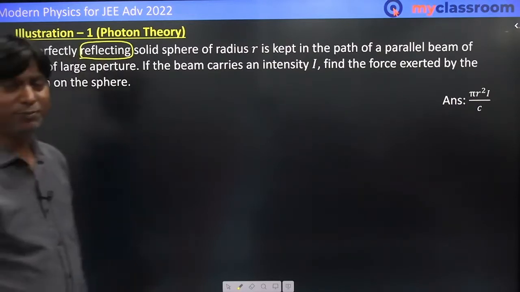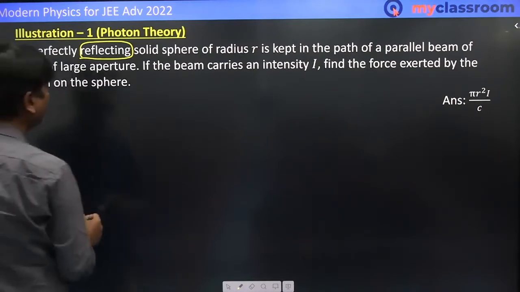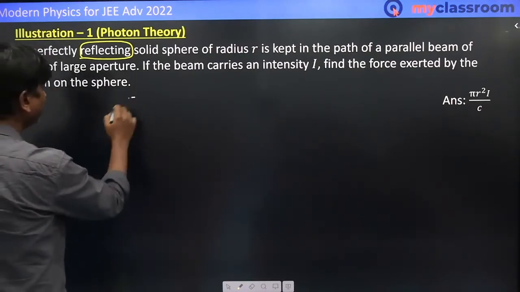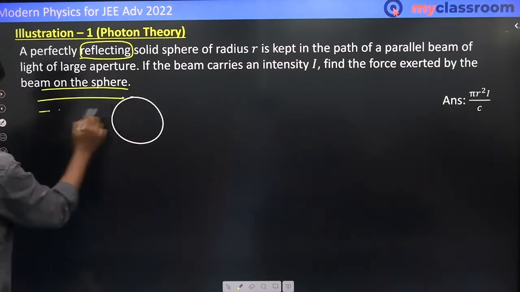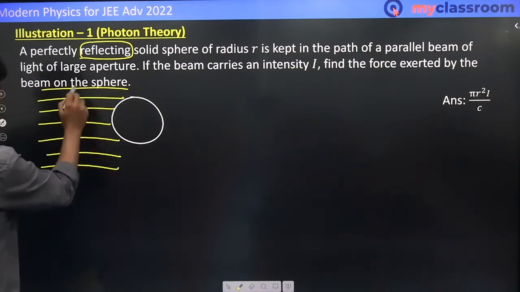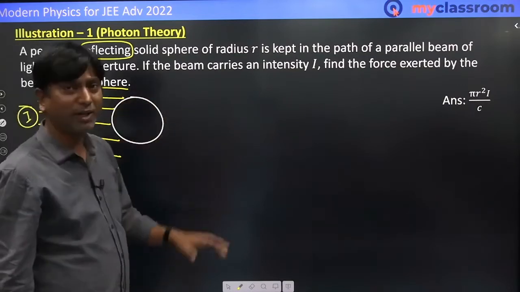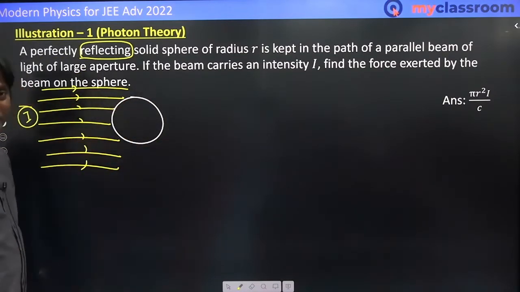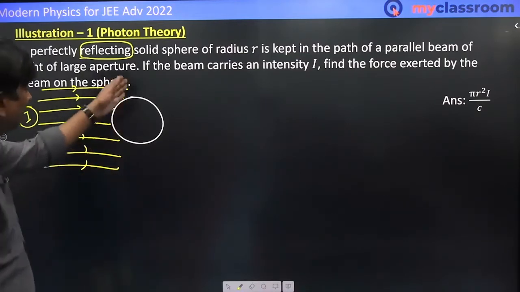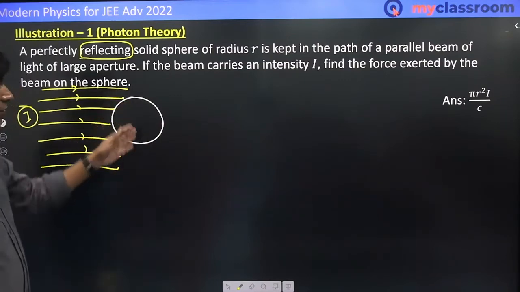Suppose this problem were absorbing. Then this is a parallel beam of light whose intensity is I, and whenever it falls on this surface, if it is perfectly absorbing, you will take the projected area, which is pi r square.